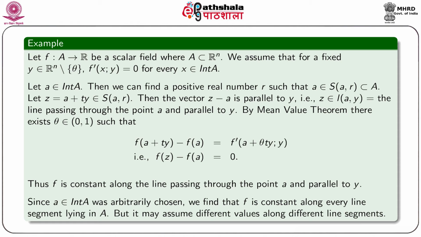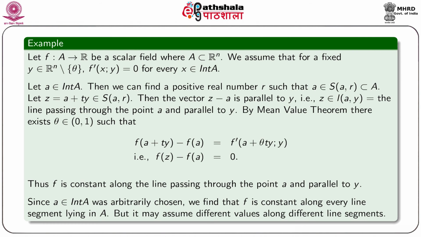Now, we apply the mean value theorem for scalar fields here. It asserts the existence of a theta from the open interval (0,1) such that we can express f of a plus t y minus f of a equal to the vector derivative f dash(a plus theta t y, y). By the proposition, the right hand side is 0, that is, f(z) minus f(a) is 0, that is, f(z) equals f(a).